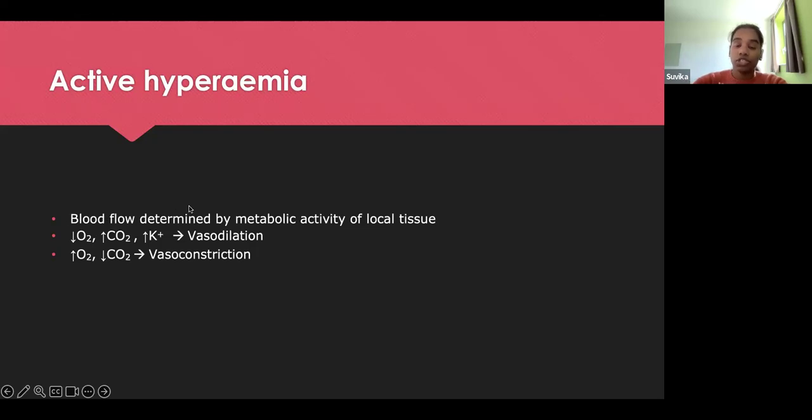So you're sending more oxygenated blood to those tissues. The opposite is true if you have lots of oxygen and less CO2, because now you don't need to send as much blood to that region, but you might need more blood to another region. So it's shunting the blood away from areas that are well perfused and then directing that blood to areas that are less well perfused.